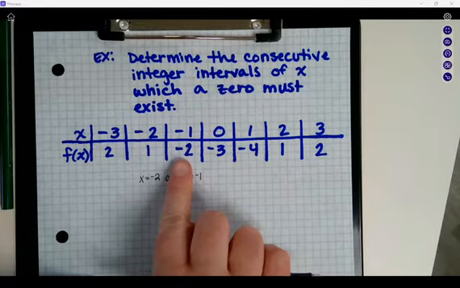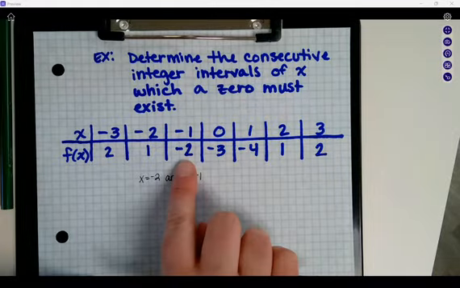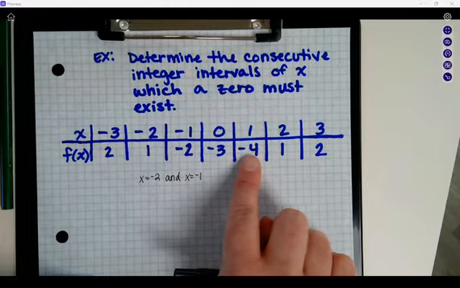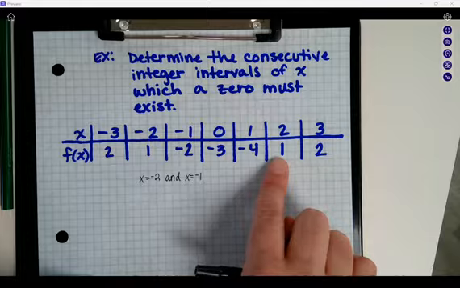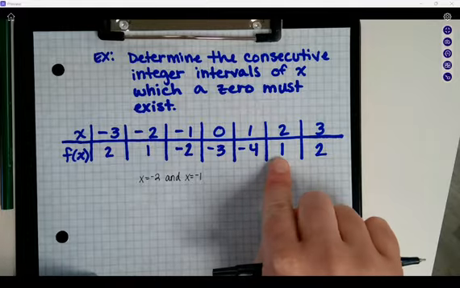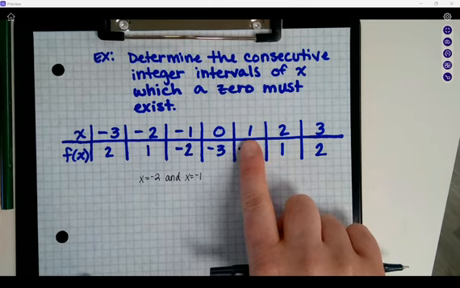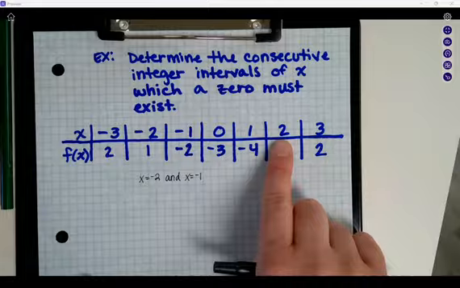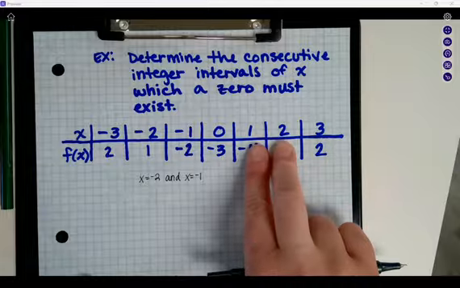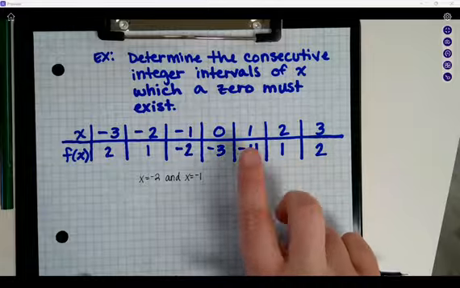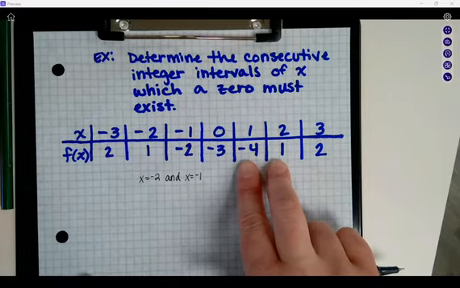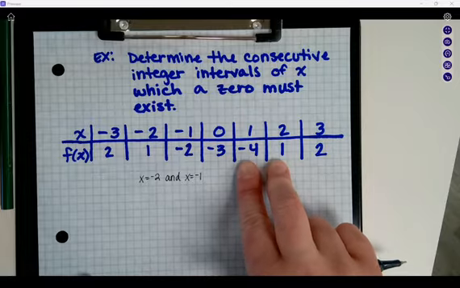So let's keep on reading this table. Here's a negative output, negative output, negative output, positive output. So again, we have switched our signs for our outputs. So I know that between x equals 1 and x equals 2, there has to be a zero between these two values because my outputs crossed over from negatives to positives. The only way that can happen graphically is if there is a zero or an x-intercept.